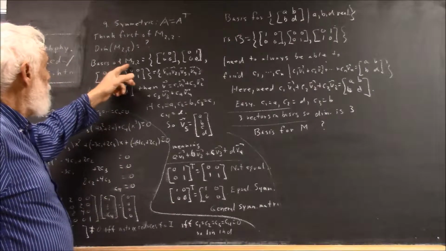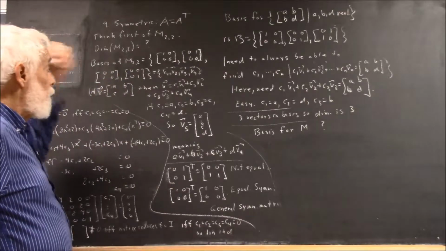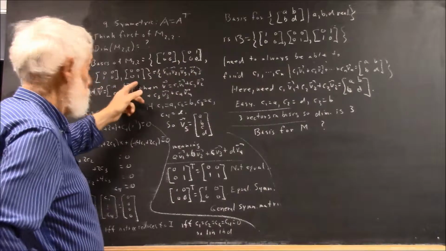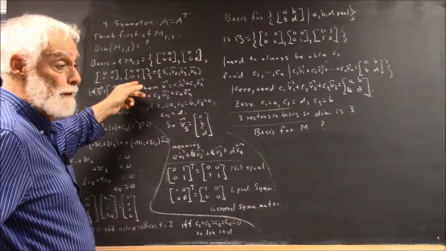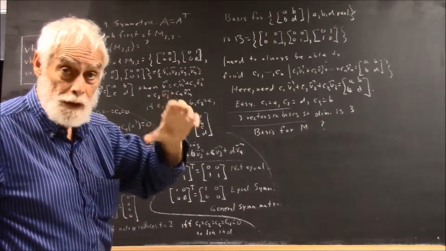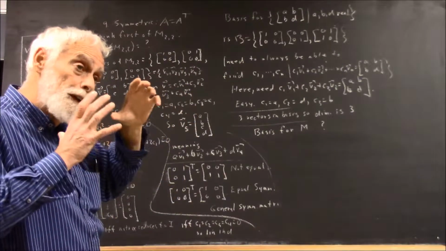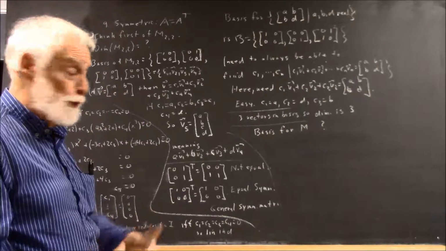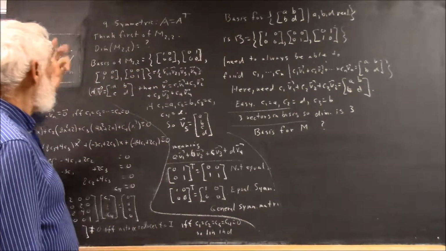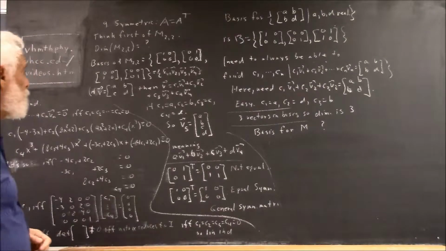Okay, so a basis of M22. The student who came in and asked me this question was able to pretty much tell me after we got across that we're talking about matrices, and the matrices are treated as vectors, distinguishing a 2 by 2 matrix from an R2 vector. So we got this pretty quickly, but let's see how this works.